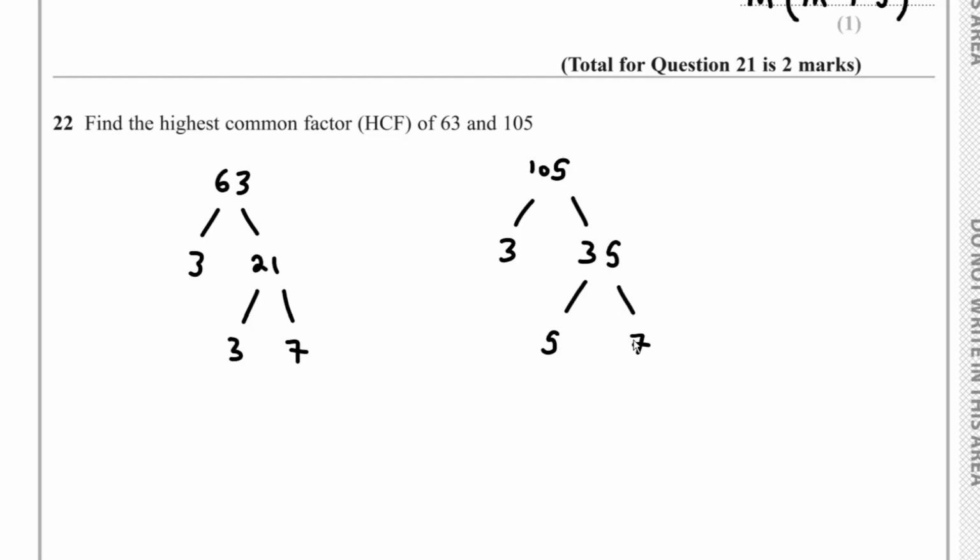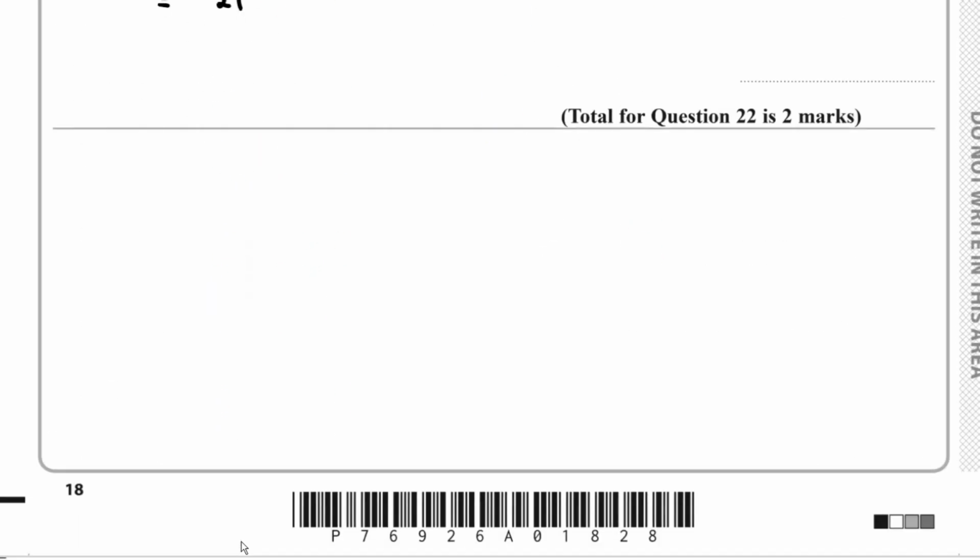So for the highest common factor, what is common to both? Well, I've got this 7, which is common to both, and I've also got this 3, which is common to both. So the highest common factor is equal to 7 multiplied by 3, which is 21.